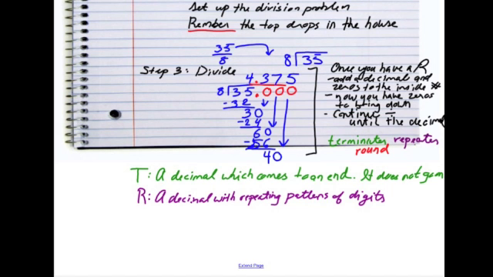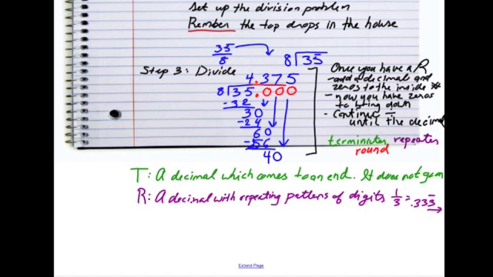So if you do 3, 4, 5 decimal places and you're starting to see a pattern, you may stop. You can use what we call the repeating sign or repeating bar. For example, 1/3 as a decimal is equal to 0.333 repeating, and it will go on forever. But in order to avoid writing all that out, I just put a little repeating bar above my last 3, and that tells me that that decimal will repeat forever.